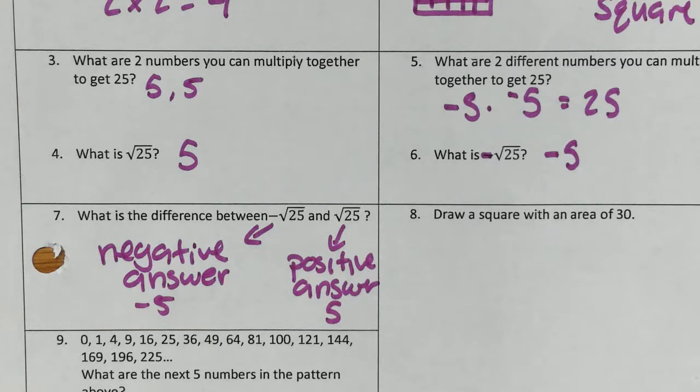So because 5 times 5 is 25 and negative 5 times negative 5 is also 25, we need a way to express which answer we want, if we want the negative root or the positive root.